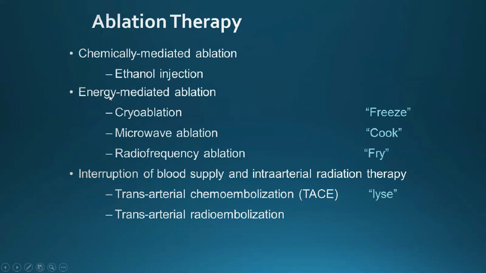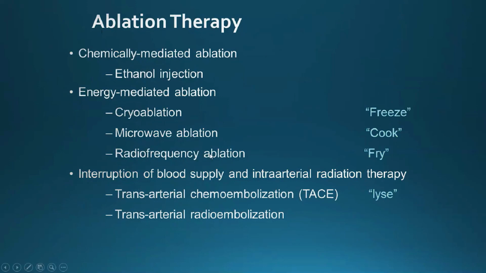Cryoablation has certain side effects and is not used much in the United States, but we do use radiofrequency ablation, putting a radiofrequency probe in the middle of the tumor. This can be done in the radiology department under sedation or local anesthesia, or in the operating room when we are doing laparoscopic evaluation of these lesions.